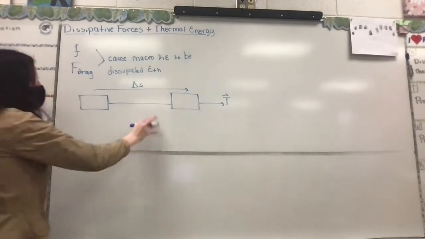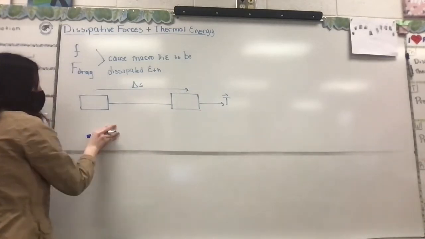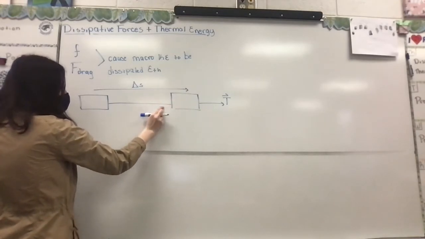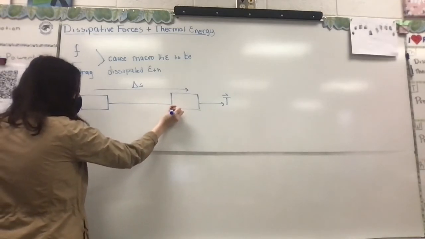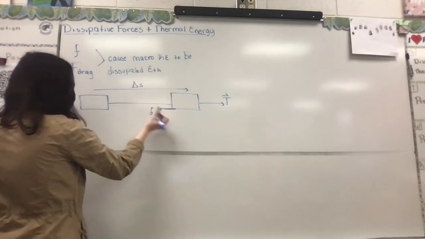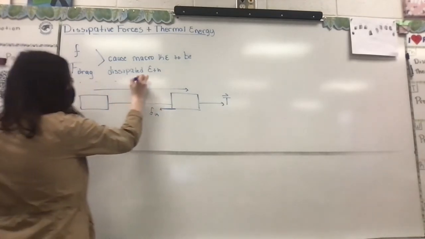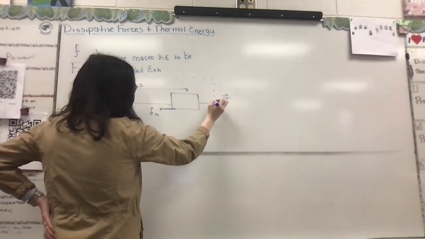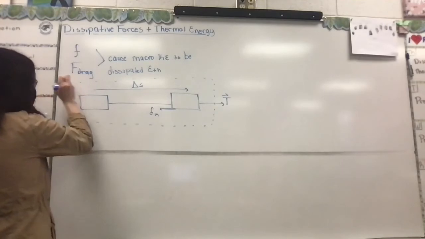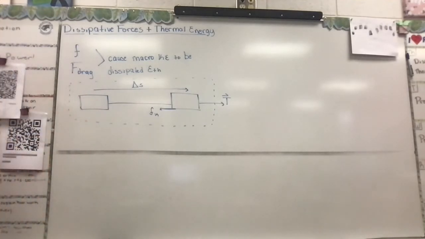Okay, and if you're pulling this, what do you think is working against it if you're on the ground? Friction. Okay, well, it's obviously in motion. So what kind of friction is it? Kinetic friction. Awesome. Okay, so this would all be looked at as our system.